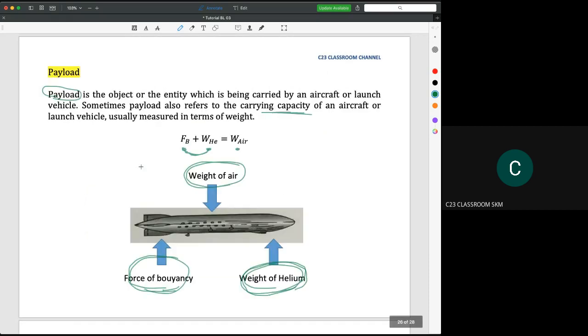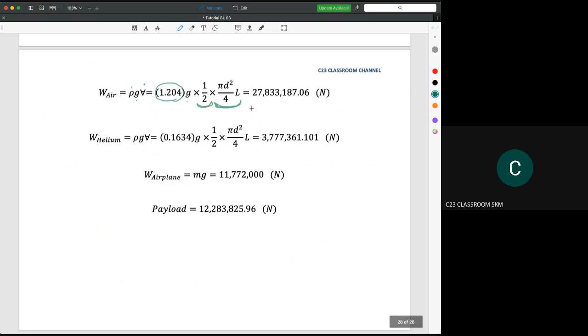That's why we divide by 2. If we calculate, we get around 27 mega Newton weight.